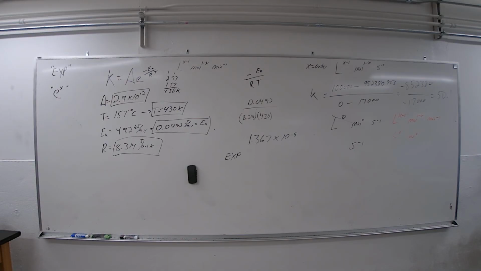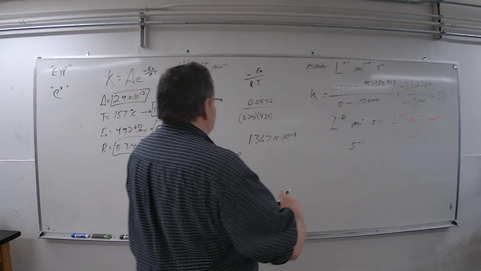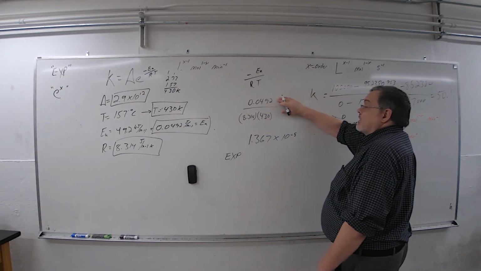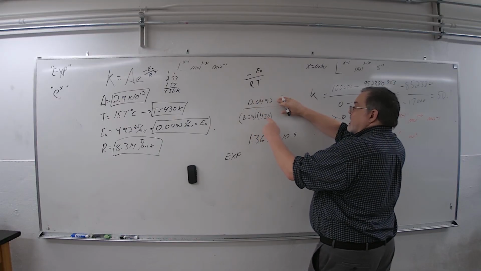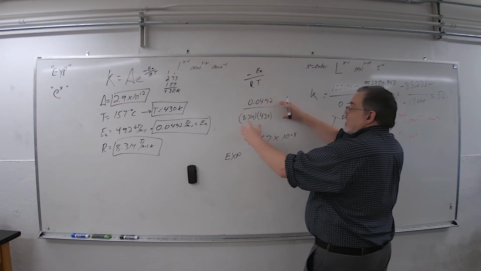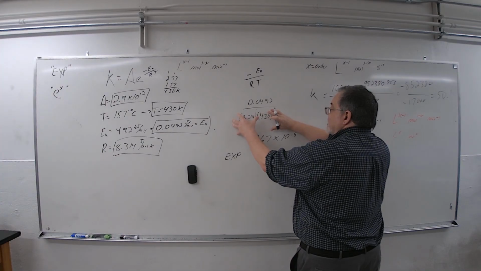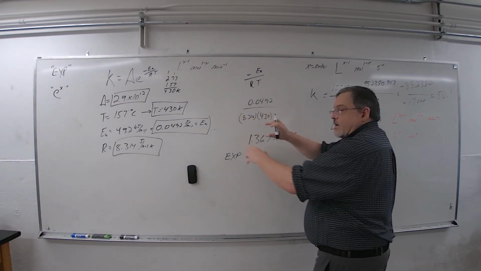Does that still give the same number? It will give the same number. Okay. Yeah, I had this in the calculator, and then I went divide by 8.314, and then I said divide by 430. If I multiply these together and divide this number by it, it would come out the same.